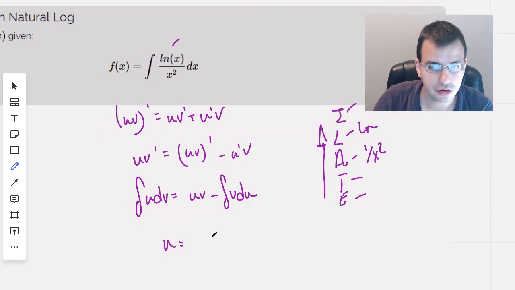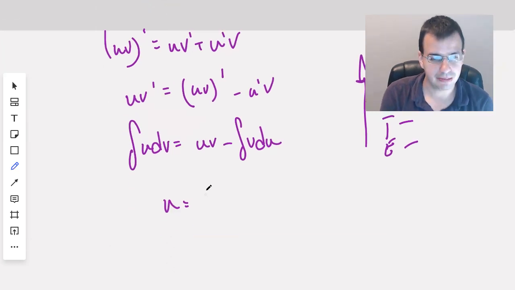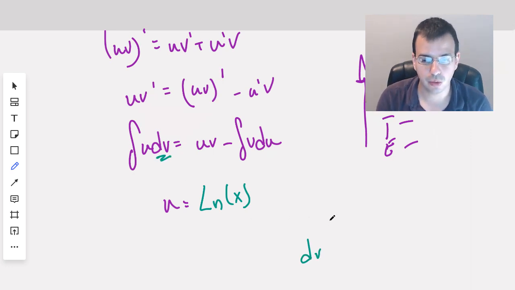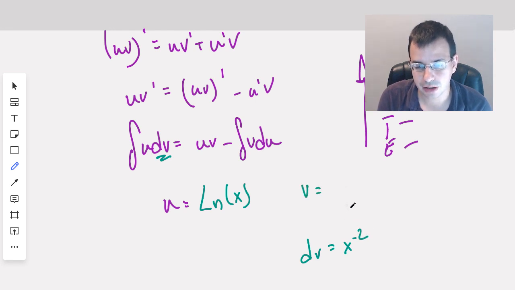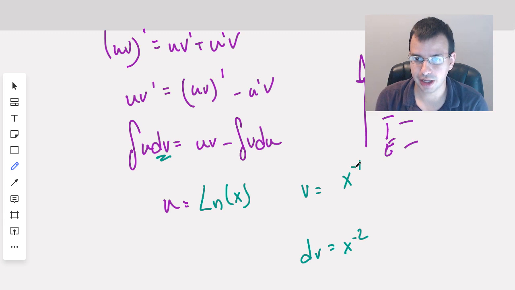So here then we have u equals natural log of x. dv is 1 over x squared, which I'll write as x to the negative 2. v will then be, using the power rule, x to the minus 2 plus 1, which is negative 1, divided by negative 1, which is the same as multiplying by negative 1.